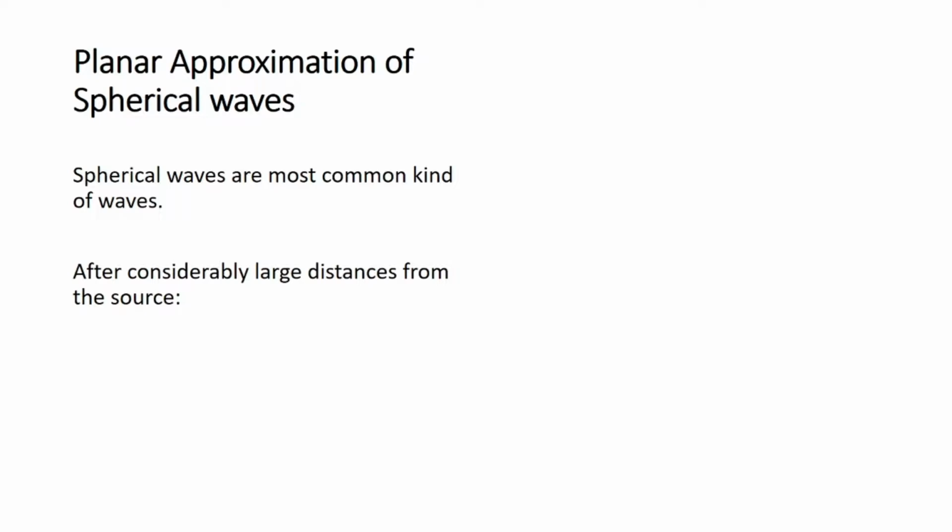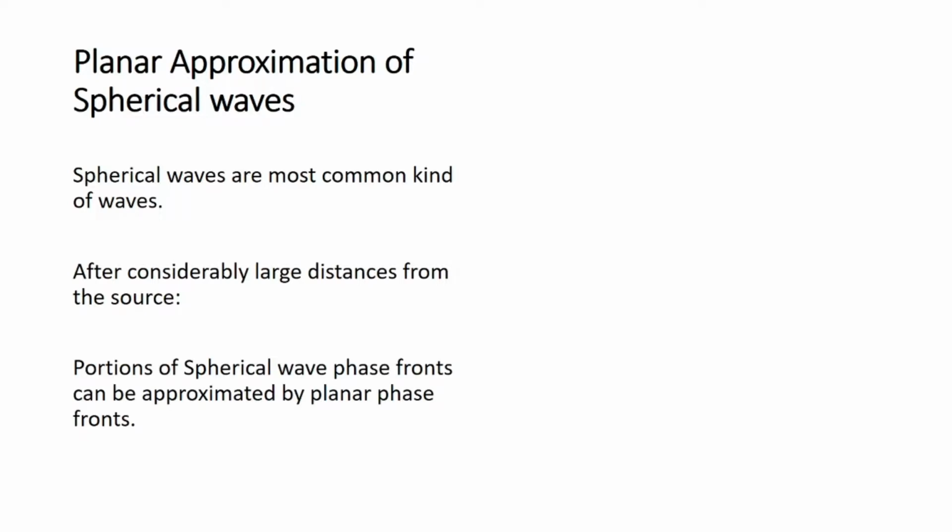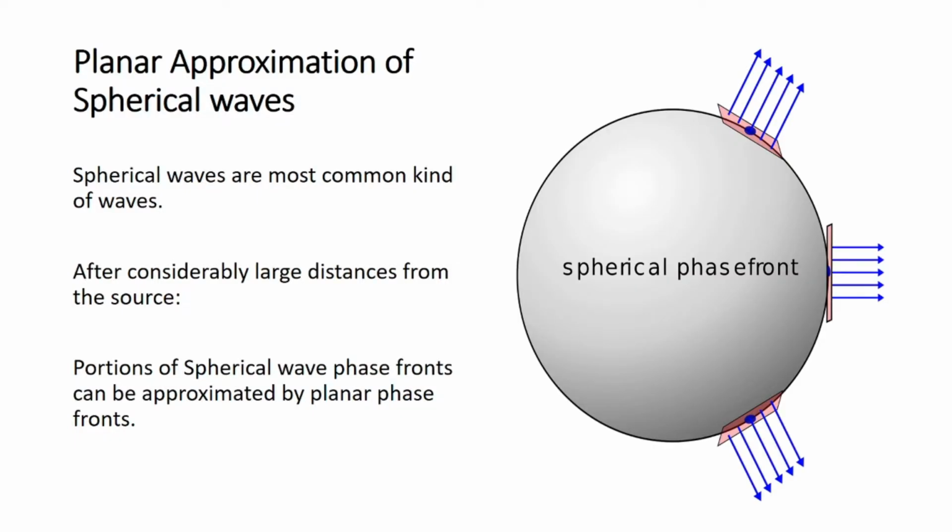After considerably large distances from the source, portions of the spherical phase fronts can be approximated as planar phase fronts. So this plane is one plane, this is another plane and this is another plane.